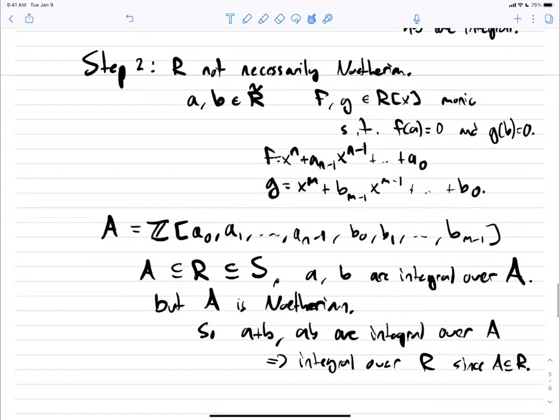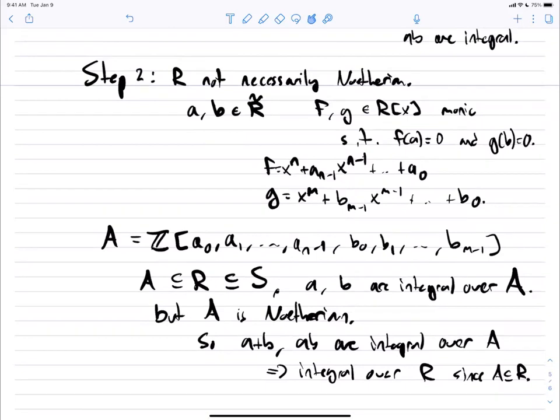Oftentimes, even if you find yourself working with very big infinite things, if your computation only involves finitely many of those things, you can probably assume you're actually in a Noetherian setting. That's a very, very powerful technique from time to time. For example, here.